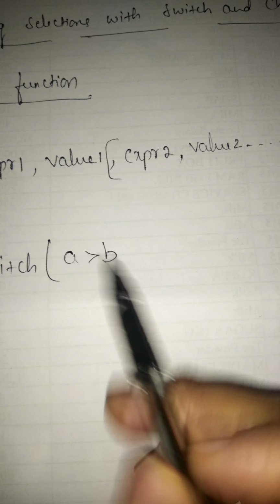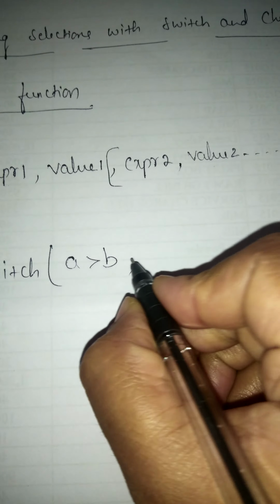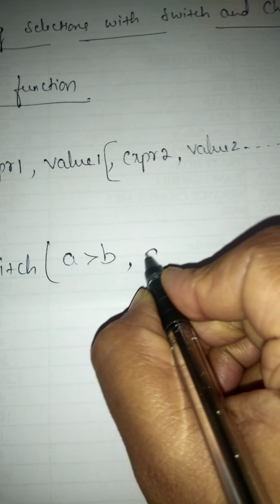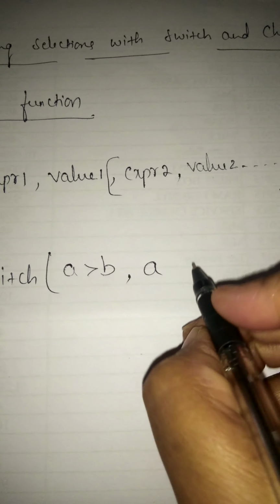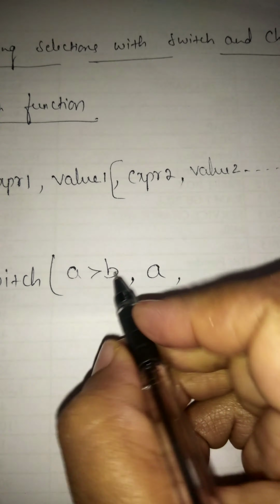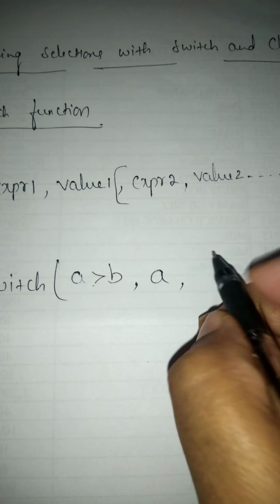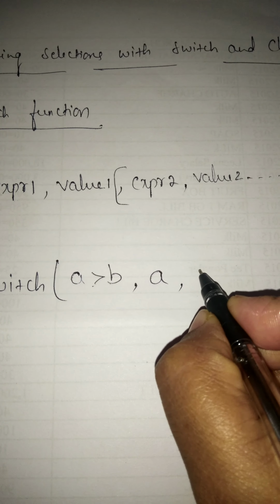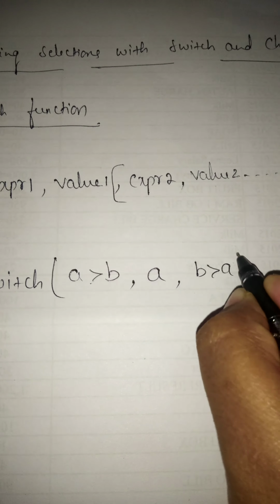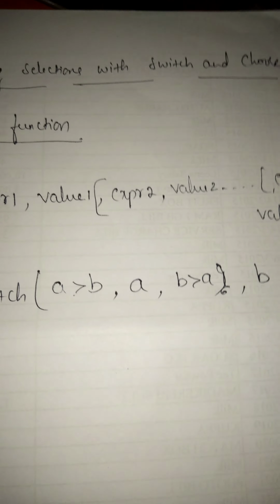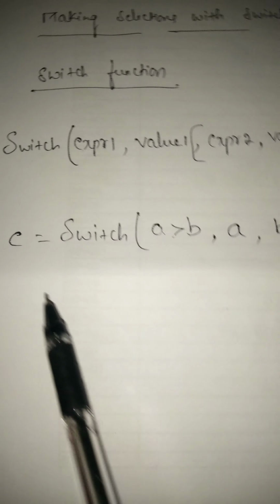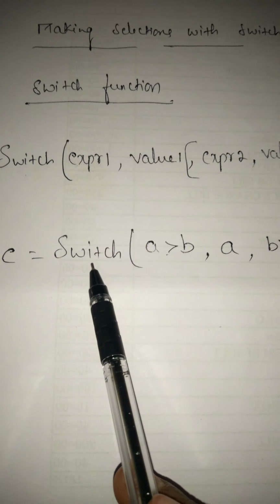If a is greater than b, it will return the value a. If this is false, it will go to the next condition. We check b greater than a. If b is greater than a, it will return b. Like this, c is equal to Switch.